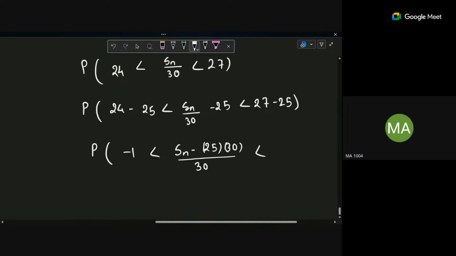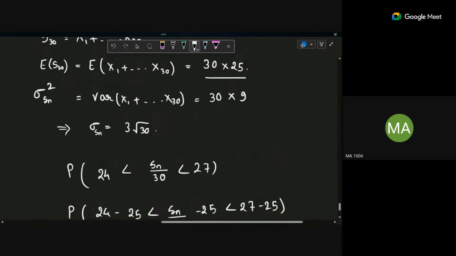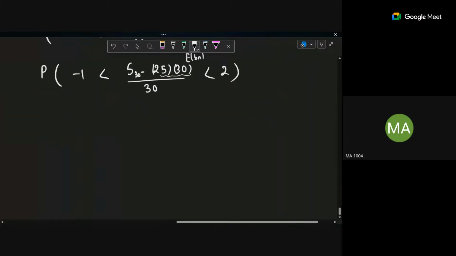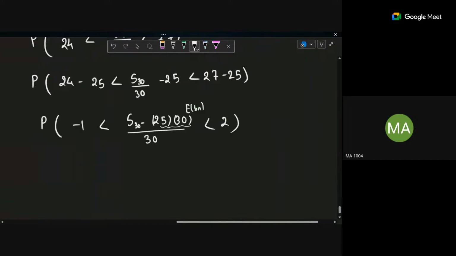Then 30, this is what? 2. So this is the expectation of Sn, that is the mean. We should not say it as Sn. This is S30. Now 30 is there, and I want the denominator as 3 times square root 30.